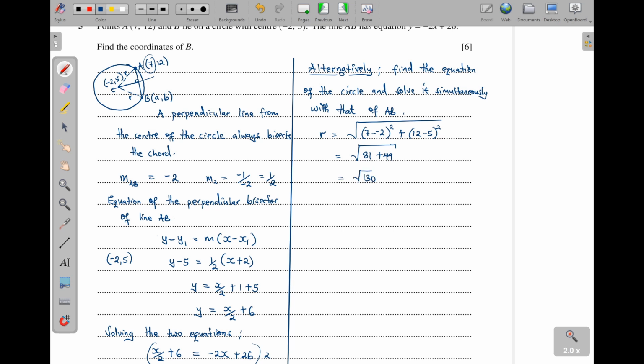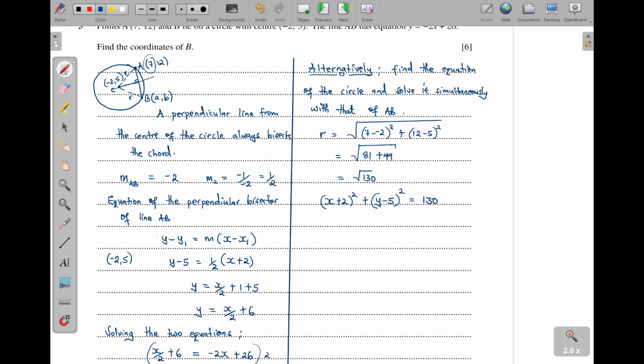So the equation of the circle is going to be x minus minus 2, so that will be x plus 2 squared, then plus y minus 5 squared, remember the center is here, which is equal to r squared. So this one will give us 130.